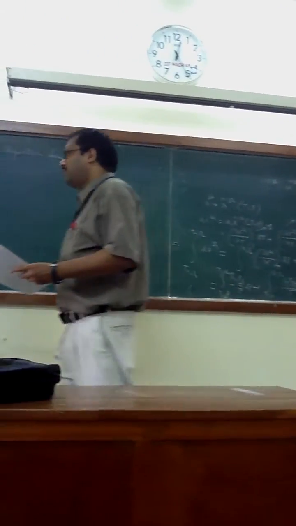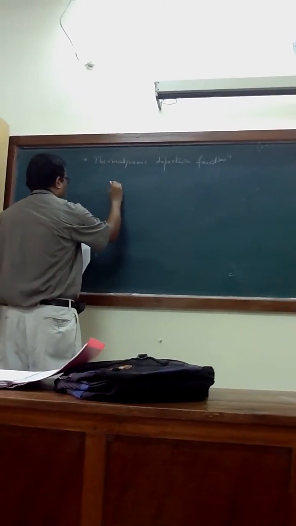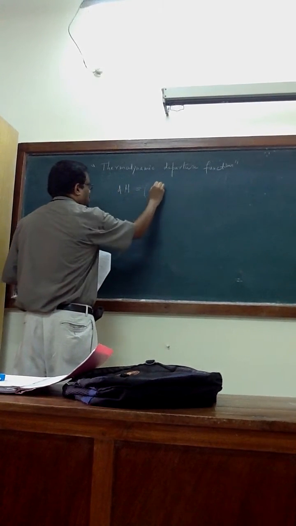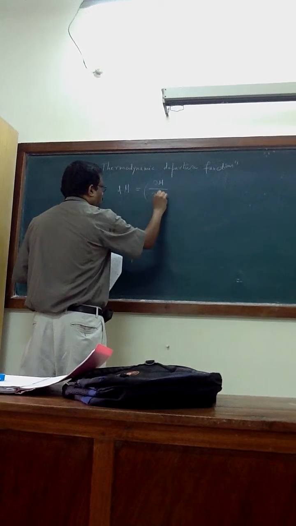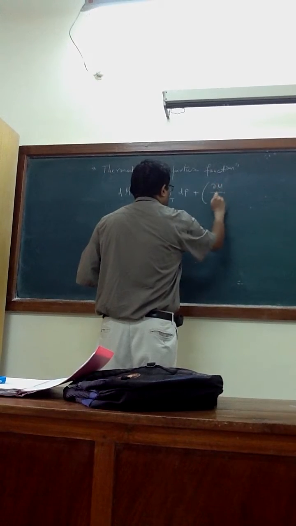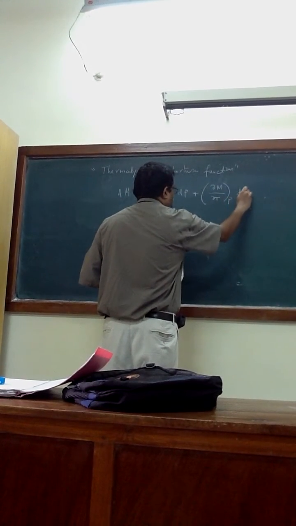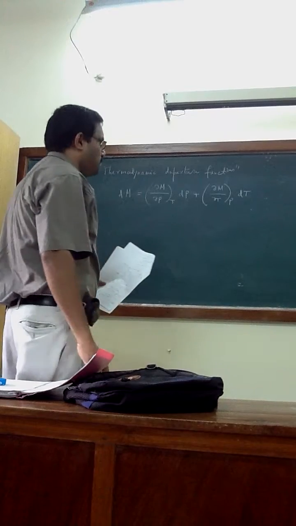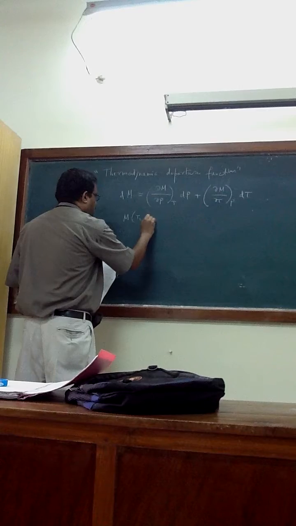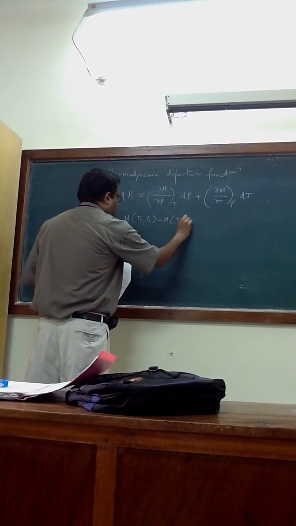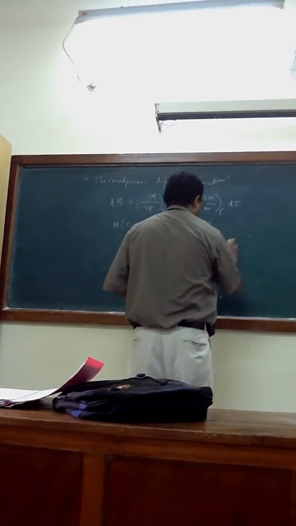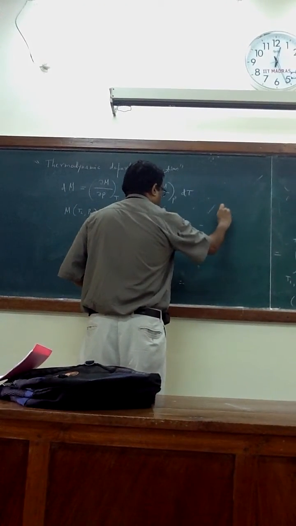That means, for example, we have a property called M, dM equals (∂M/∂P) at T dP plus (∂M/∂T) at P dT. And if you want to calculate M at T2, P2 minus M at T1, P1, we will get some integral term that we can actually get from the equation of state.